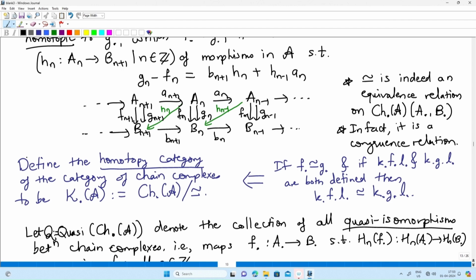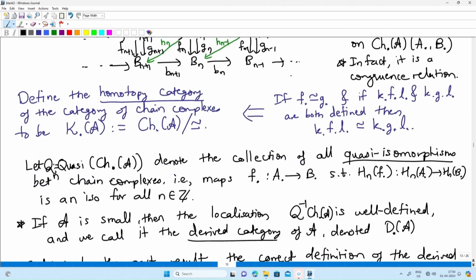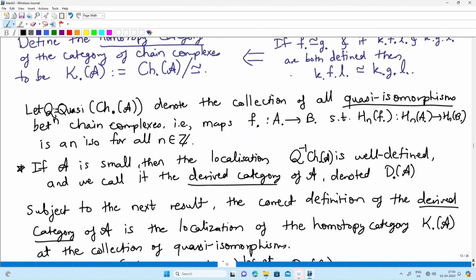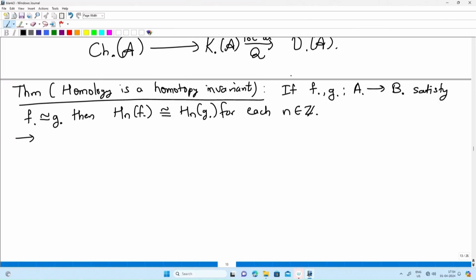So what do we know? This particular expression. Okay, this expression. Now what will happen if I compose it with the inclusion and surjection maps? So let us see this.